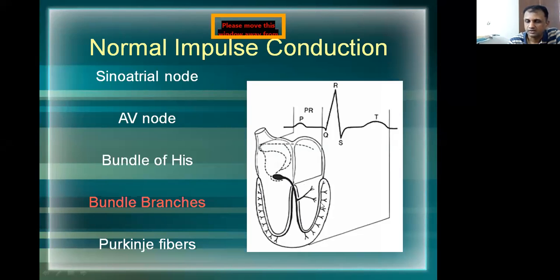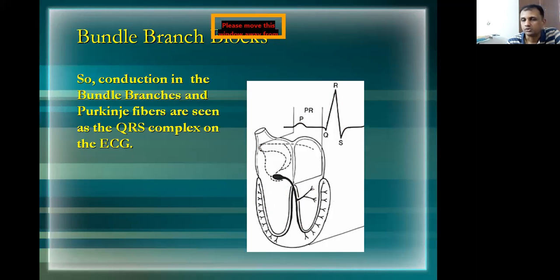They go and supply the respective ventricles. The left bundle supplies the left ventricle, the right bundle supplies the right ventricle. If there is any problem with the conduction along this one, it causes the left bundle branch block. And any problem with the conduction down here causes a problem with the conduction to the right ventricle. Subsequently, the pumping may not be adequate. We could even pick up those things on the ECG.